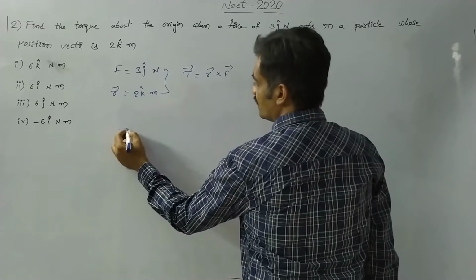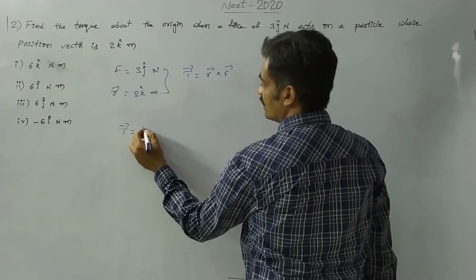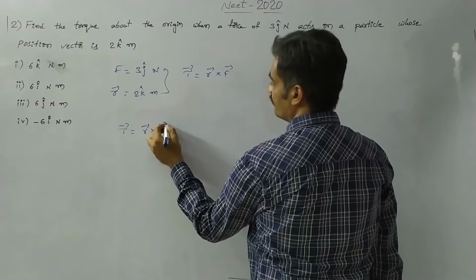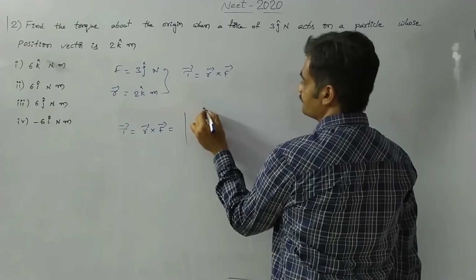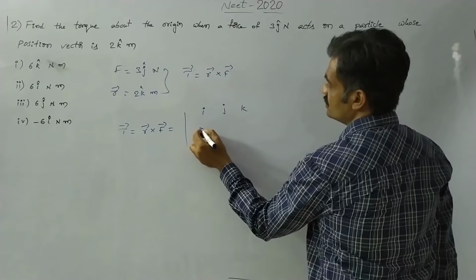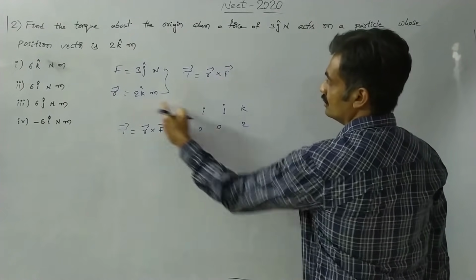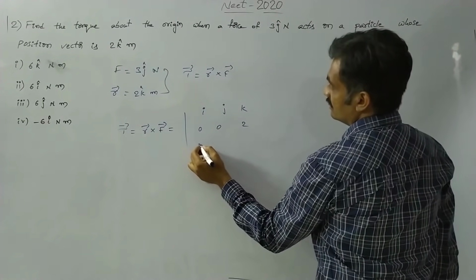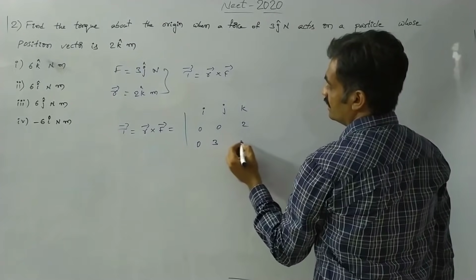Based on that, tau bar equals r bar cross F bar equals the determinant of i, j, k; 0, 0, 2; and 0, 3, 0.